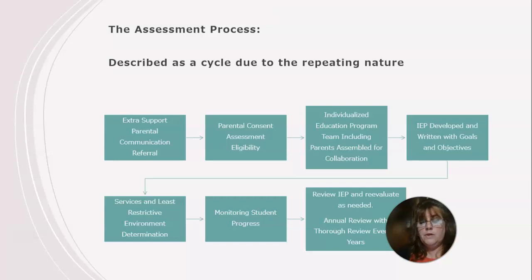Then it's the services. You'll decide what the services will be, and decide what the least restrictive environment determination is. If students are not eligible, then other means of intervention plans can be developed at that point.